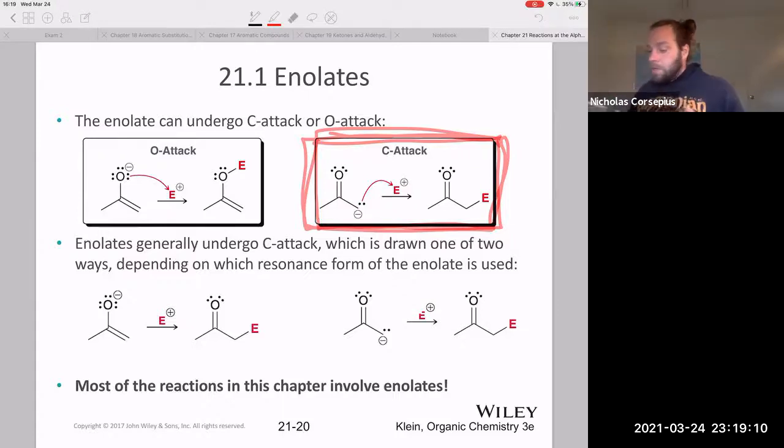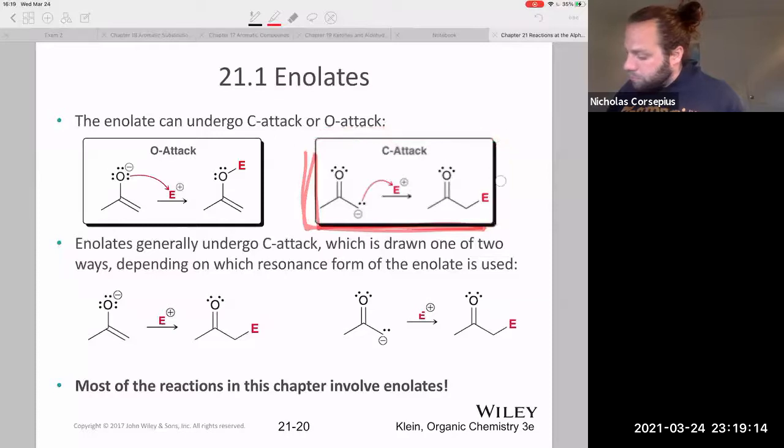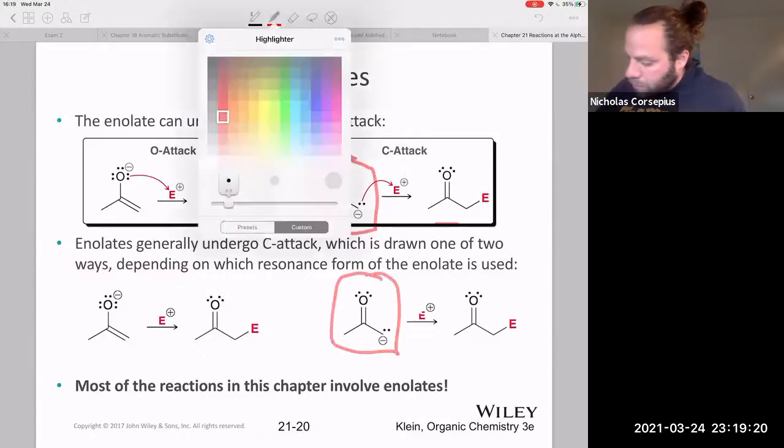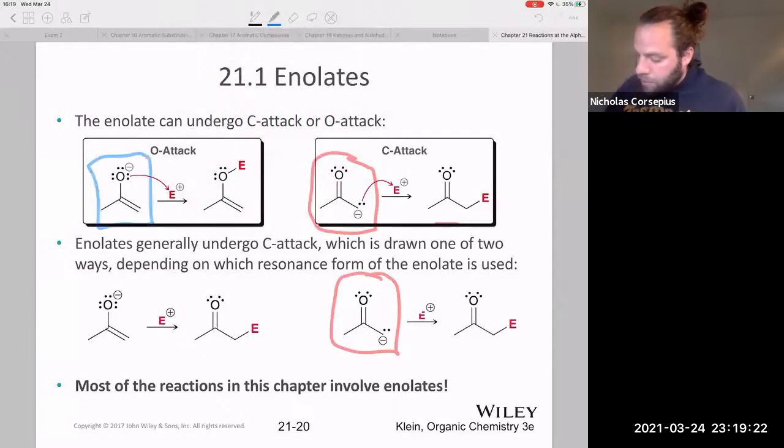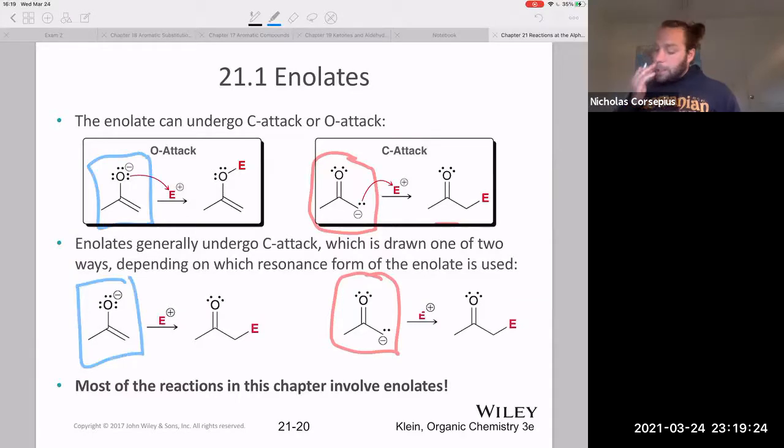So basically, whichever resonance structure you use, whether we choose this form of the enolate ion or that form, they're both the enolate ion. We just have to make sure that the chemistry always happens at that alpha carbon.